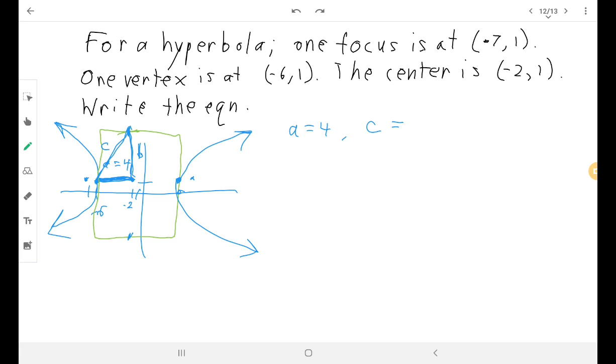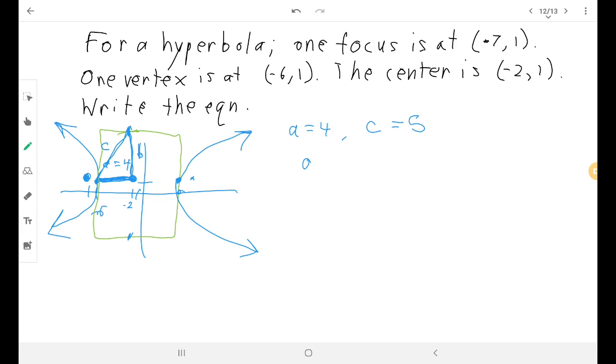So from the center right here to this focus point right there is from negative 2 to negative 7. So that's a distance of 5, right?